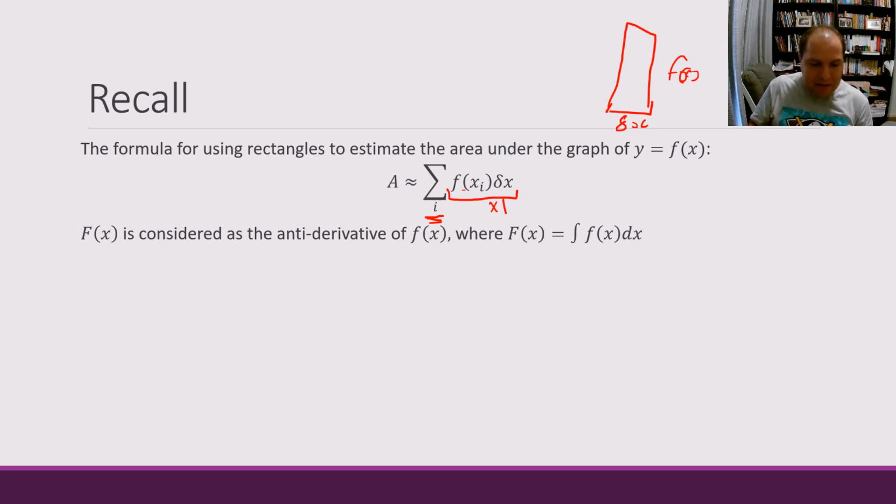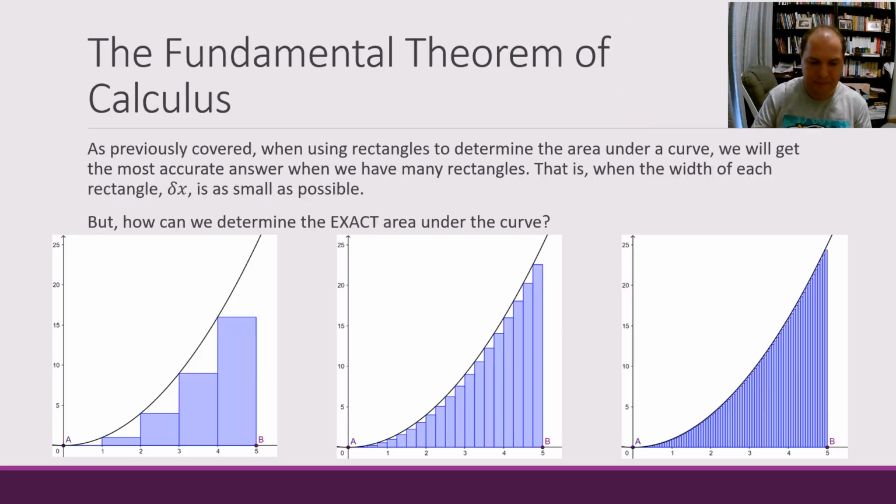We also want to remember that capital F of x is considered the antiderivative of f, which we've been working with in these sorts of examples here. Alright, so as previously covered, when using rectangles to work out the area under a curve, we worked out that we could get the most accurate answer possible by using lots and lots of rectangles. So comparing this first approximation to this one over here, number 3 will be much more accurate because the rectangles are much, much smaller.